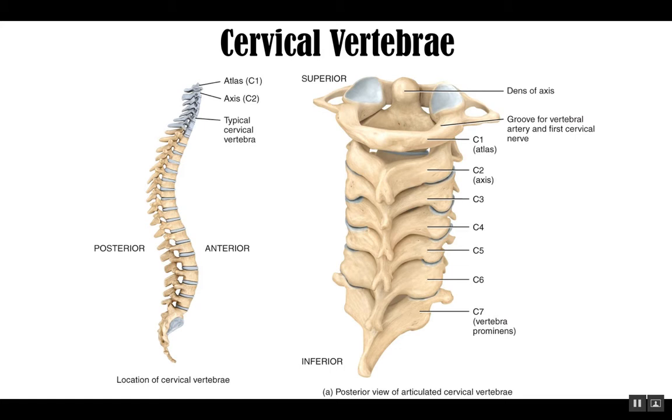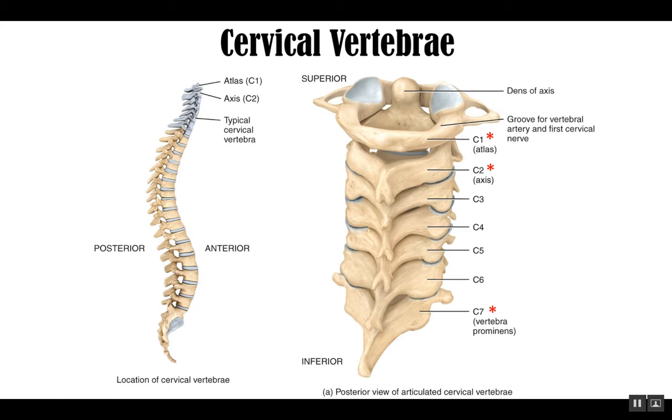There's 3 of them we're going to learn have other names to them, like C1 being the atlas, C2 being the axis, and then C7 being the vertebra prominens. C1 is known as the atlas because of the mythical god Atlas who holds up the earth.